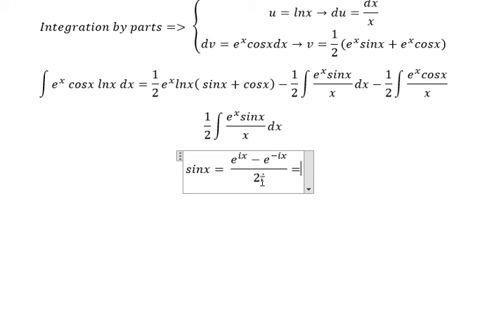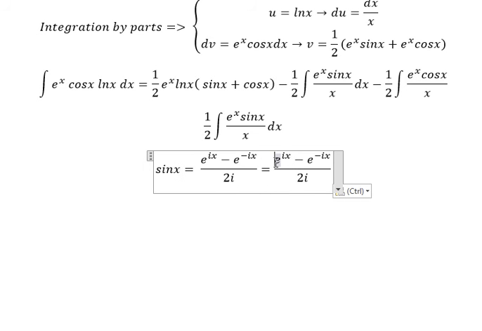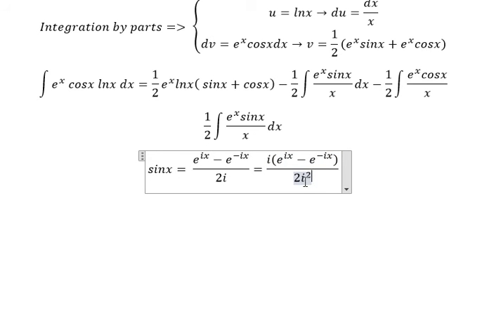So for i, we multiply with i on numerator and denominator. This one you will get negative.